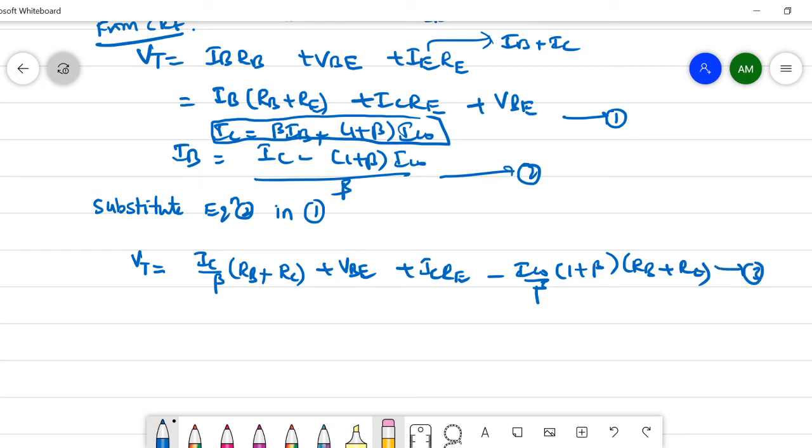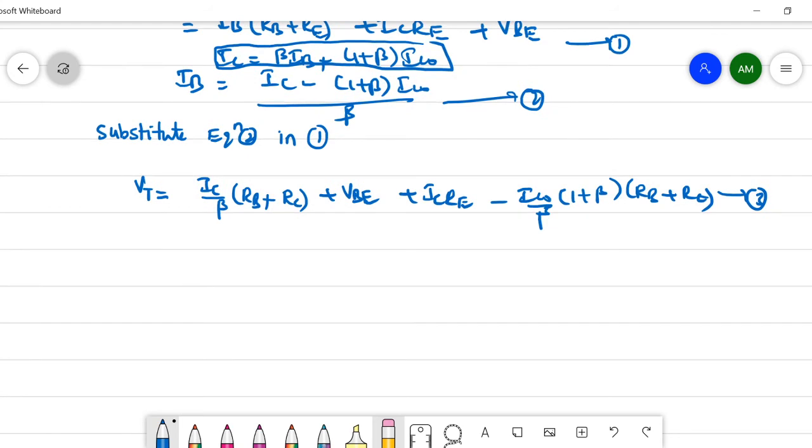Differentiate this equation with respect to VBE. Then we get dou IC by dou VBE. The differentiation of the constant term is nothing but 0. Here beta is constant, so (RB plus RE) by beta, and the differentiation of VBE with respect to VBE is 1.